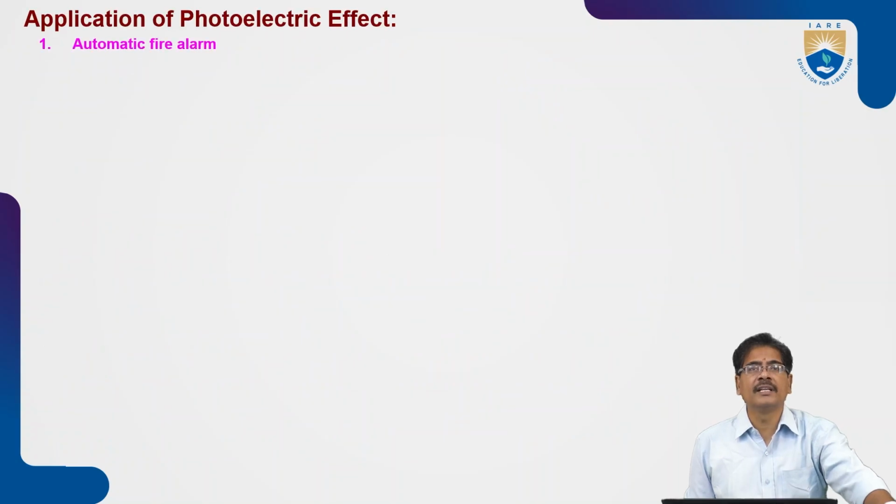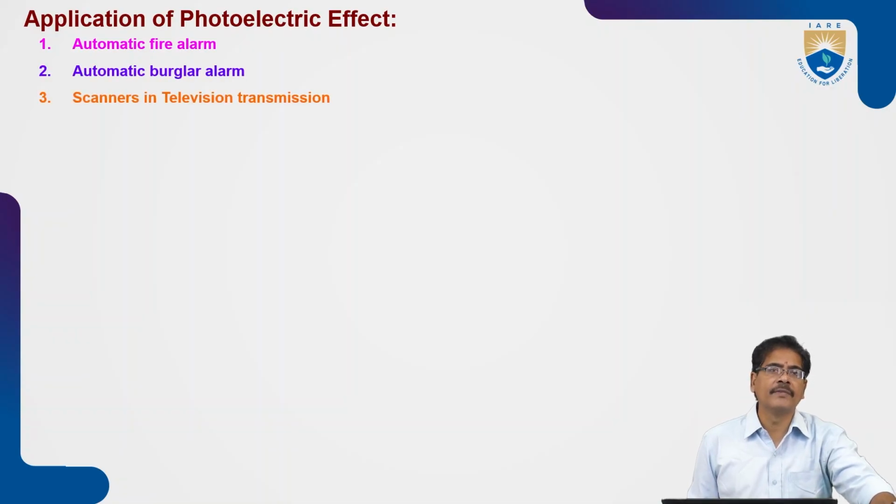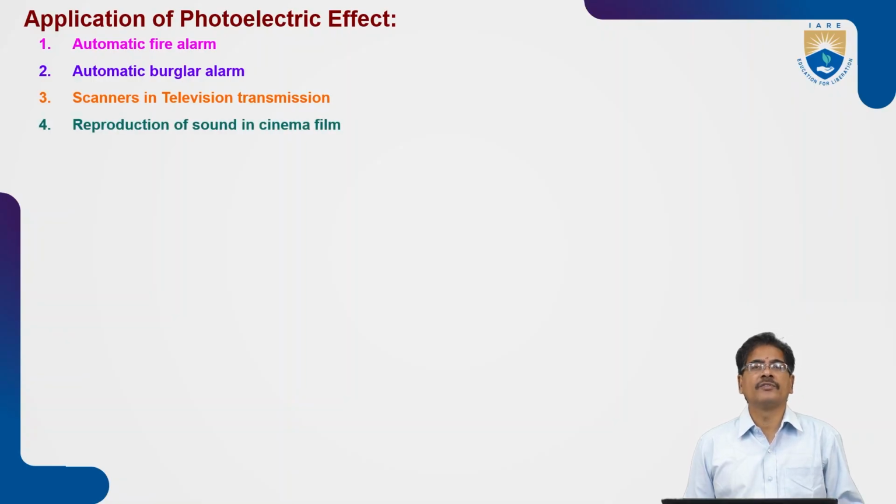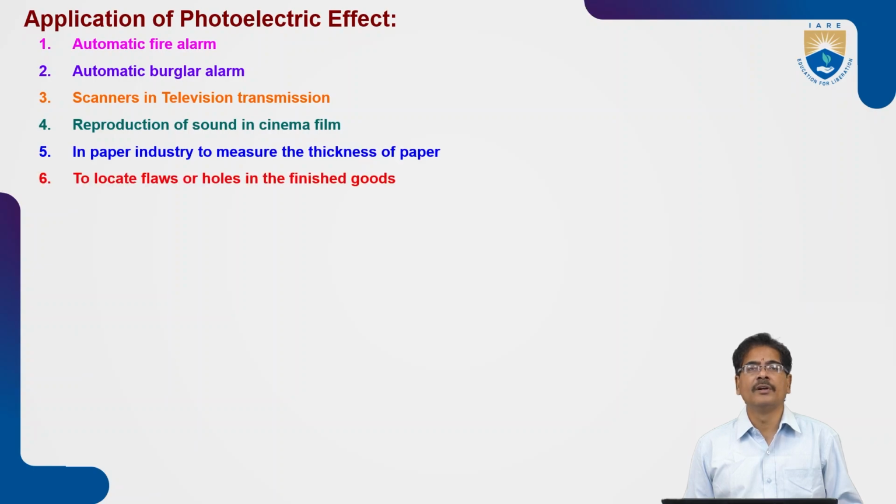And we have seen certain applications of the photoelectric effect. The applications are, first, the automatic fire alarm, the automatic burglar alarm, the scanners in television transmission, reproduction of sound in cinema film, right? In the paper industry, to measure the thickness of paper and to locate flaws or holes in finished goods.